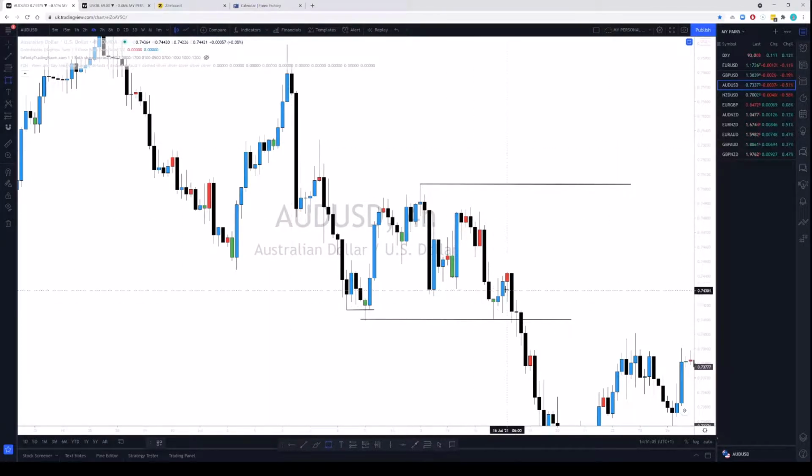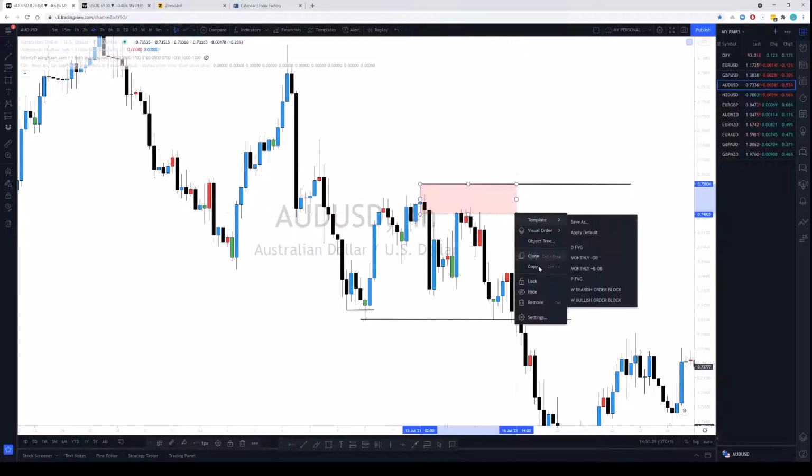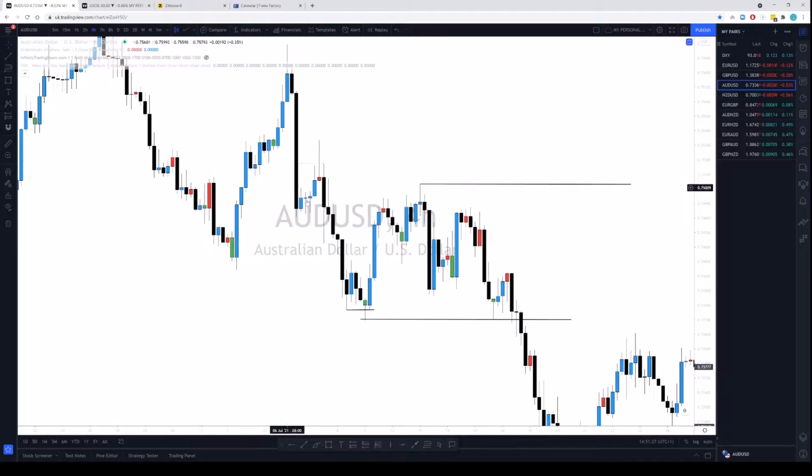If the daily is bearish, then it's going to break to the downside. If the daily is bullish, then it's going to break to the upside. But this is a tradable range because price broke down. And usually, if you understand your higher time frame, then you're more likely to sell to go down than to buy to go up. Okay, but let's go back to our understanding of the engineering.